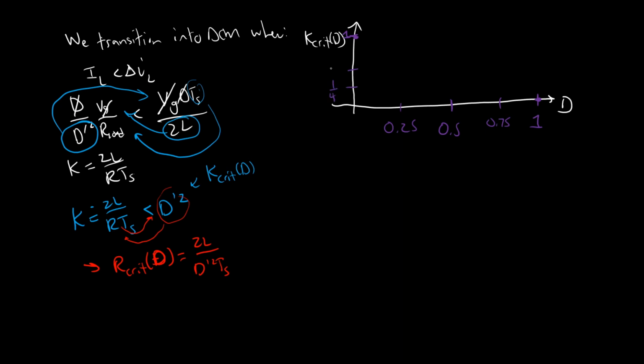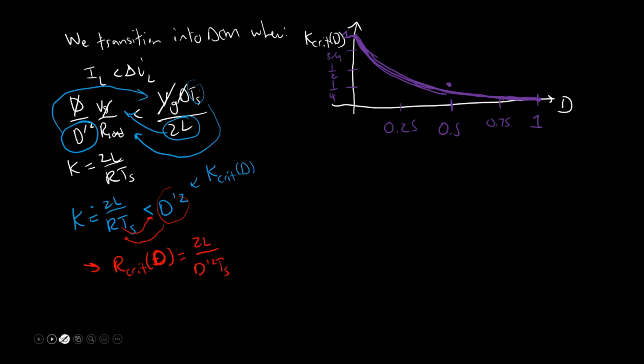So we have a quarter here. It's quadratic, so we expect some quadratic-like function. If I could draw a quadratic function very well, it would line up perfectly. But what I want to highlight is this boundary. This Kcrit as a function of D is a boundary between CCM and DCM.